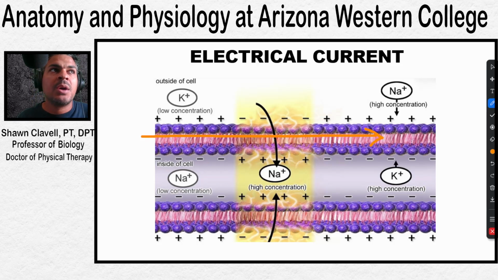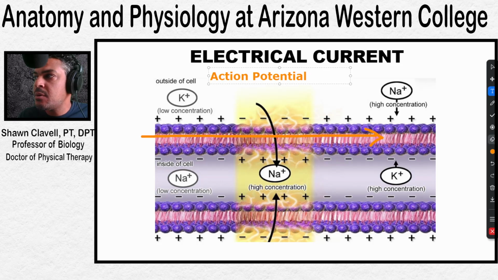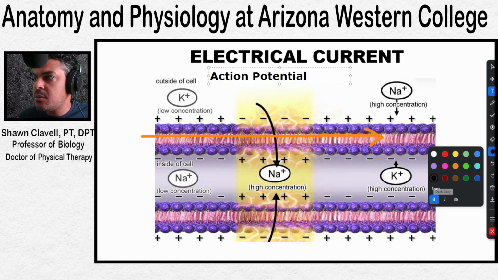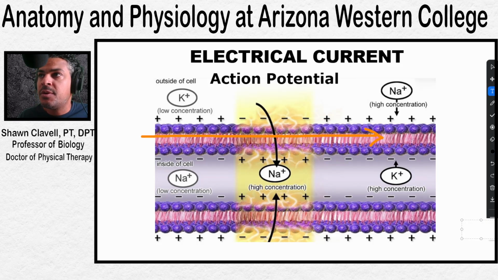This is how muscle cells communicate. This is how nerve cells communicate, with an action potential. That electrical current is referred to as an action potential. Let's type it up there for you, nice and big and bold. And there's the term. Stay tuned. We'll find out about an action potential in the next sequence.